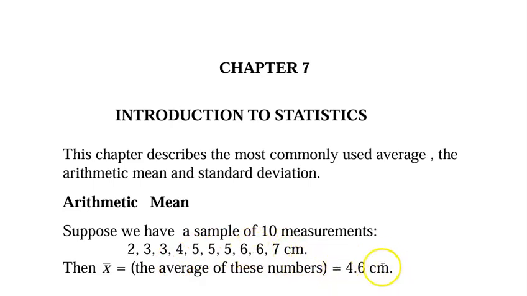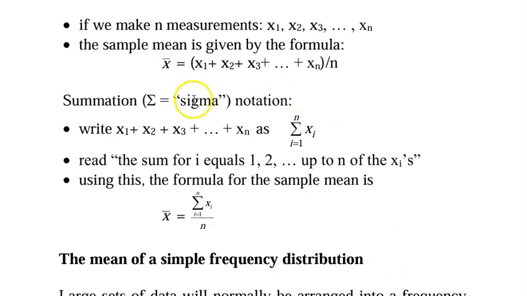Now to find the mean, we say x bar, meaning the mean, is equal to the sum, which is 46, over n, which is 10. So the formula for the mean is x bar equals the summation of x over n.